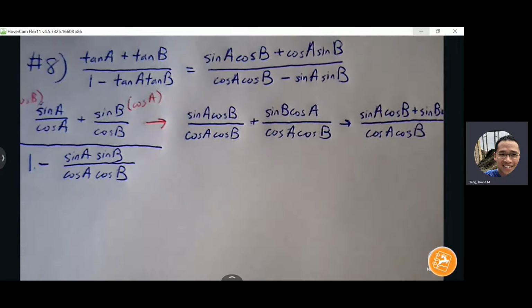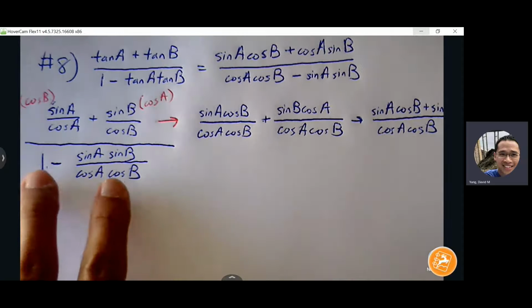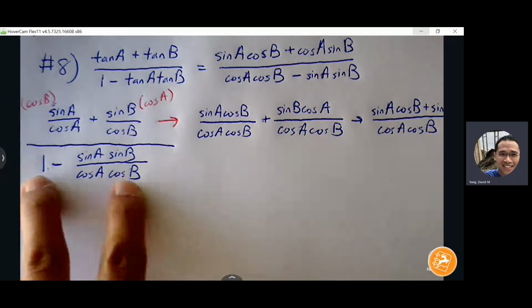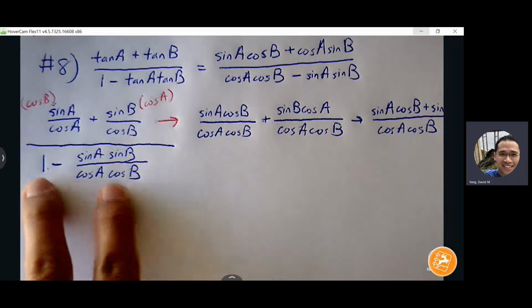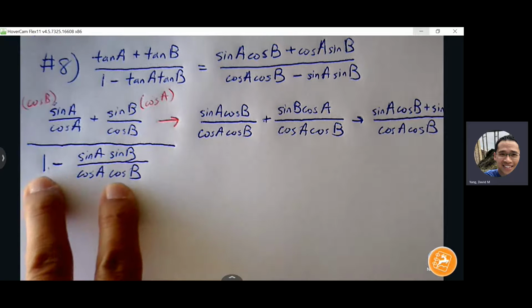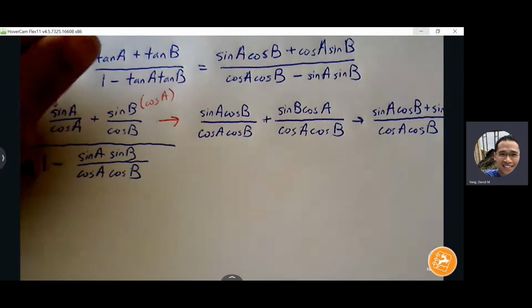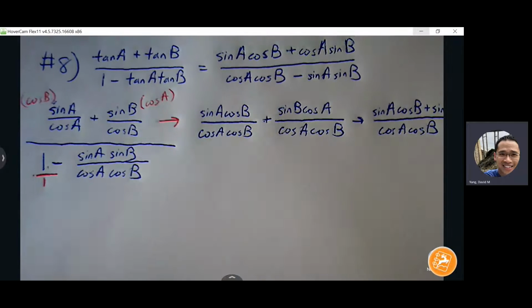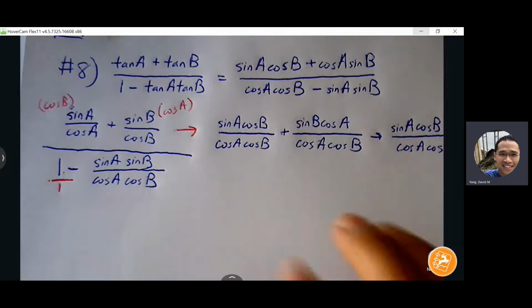Okay, so now moving on to the denominator here, this 1 minus sine A sine B over cosine A cosine B. Again, I like to put this under one fraction or merge these together. What do you think the common denominator here is? Cosine A cosine B, right? So if my denominator is 1, it's just going to take on whatever the other denominator is.